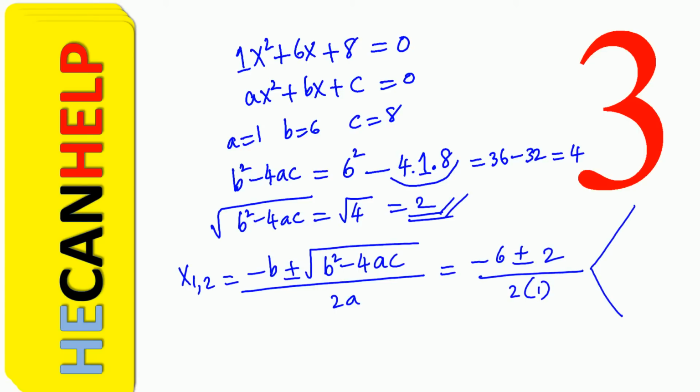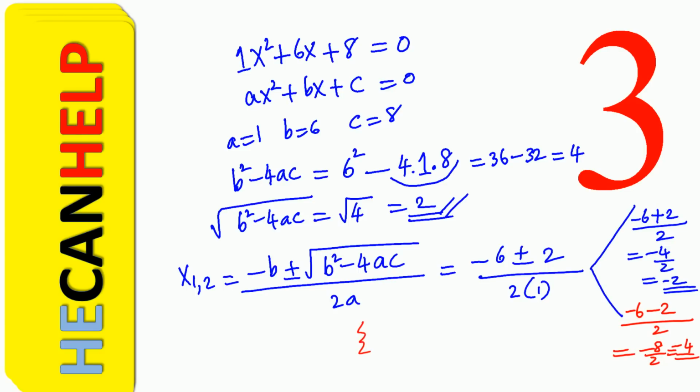So we get two solutions, negative 6 plus 2 divided by 2, and that is negative 4 divided by 2, and that is negative 2, and negative 6 minus 2 divided by 2, and that is negative 8 divided by 2, and that is negative 4.